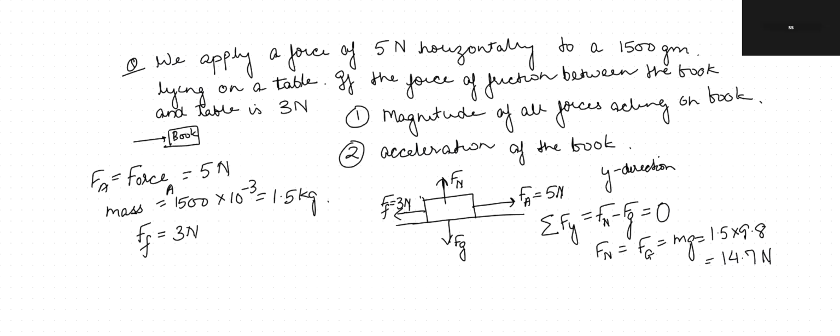Now the net force in x direction, so that would be Fx, is equal to 5 newtons towards right and 3 towards left, force applied minus force of friction. So this is 5 minus 3. So it is 2 newtons.